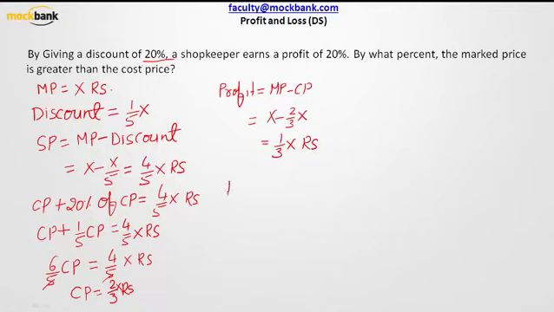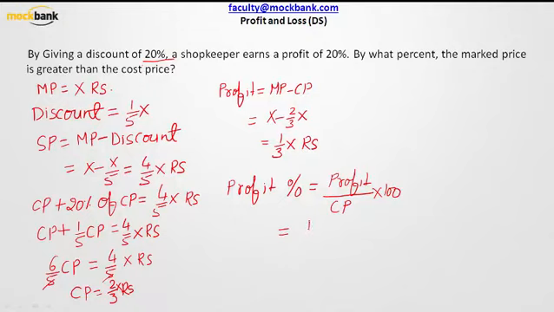And how do we find out profit percent? The profit percent will always be calculated on cost price. Do we understand this? Discounts will be offered on marked up price, and profit and loss will always be calculated on the cost price. So this comes out as profit over cost price times 100.